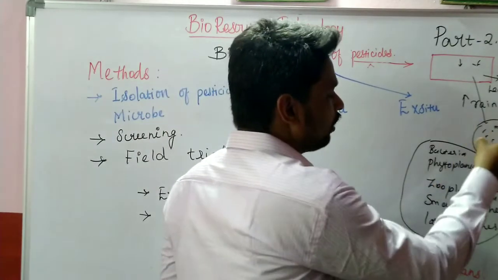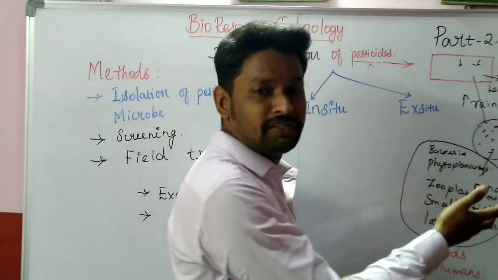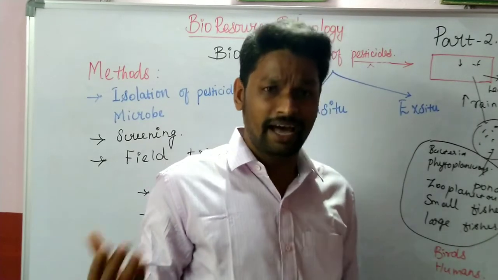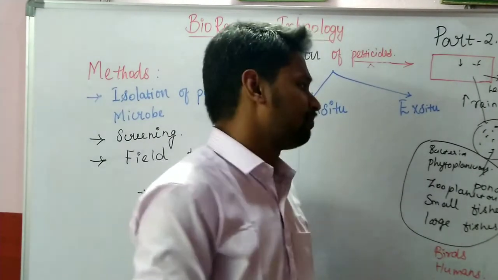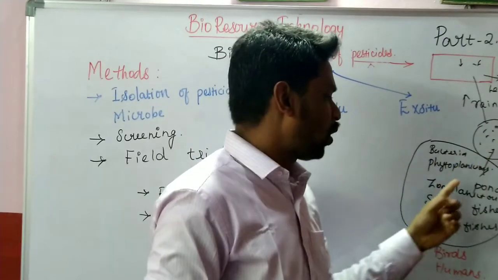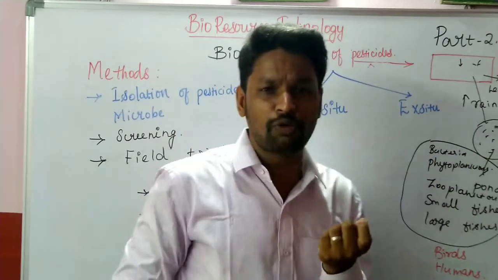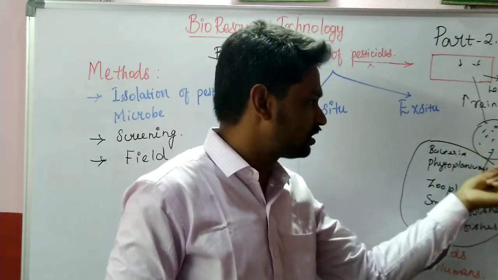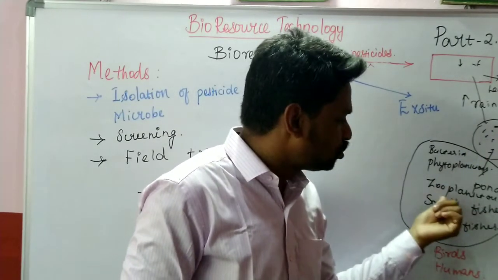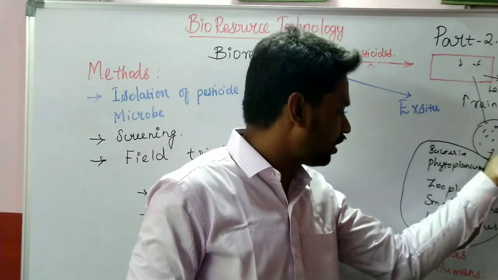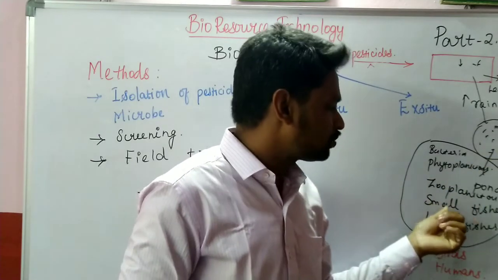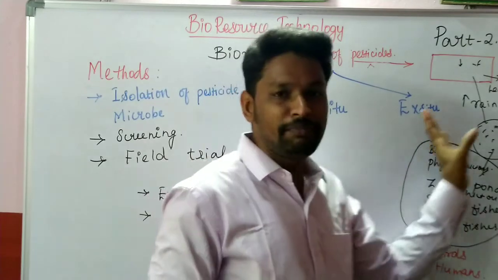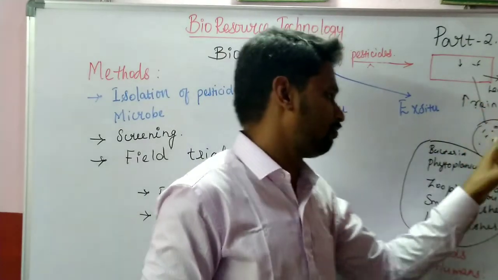So in this pond, different types of bacteria might be present because bacteria are everywhere in the world. They are also available in the air, water, soil, everywhere. So bacteria are present in the pond, and also phytoplankton, small minute plant-like organisms, might be present in the aqueous medium of the pond, and the zooplankton are also present in this aquatic medium, along with small fishes and large fishes living in the aquatic pond.